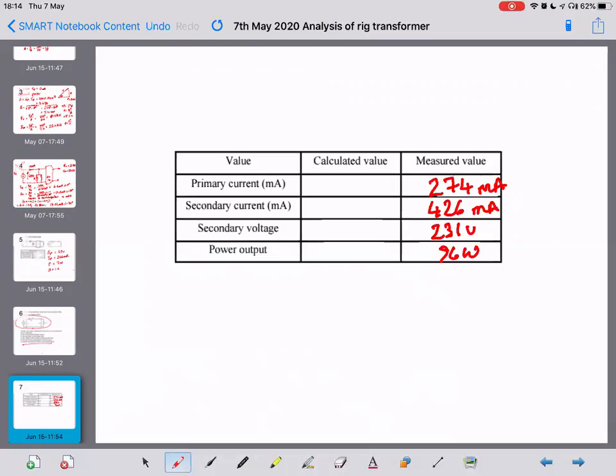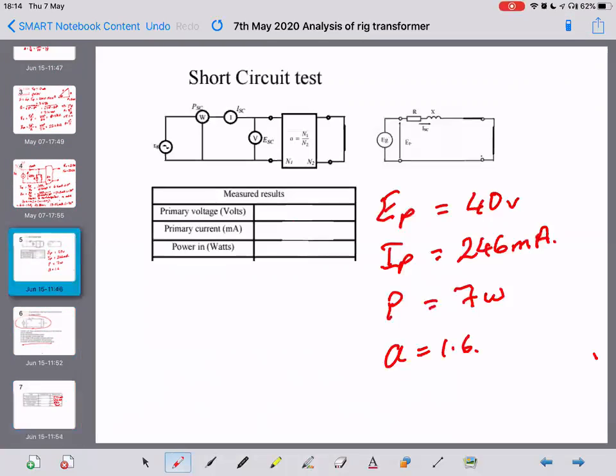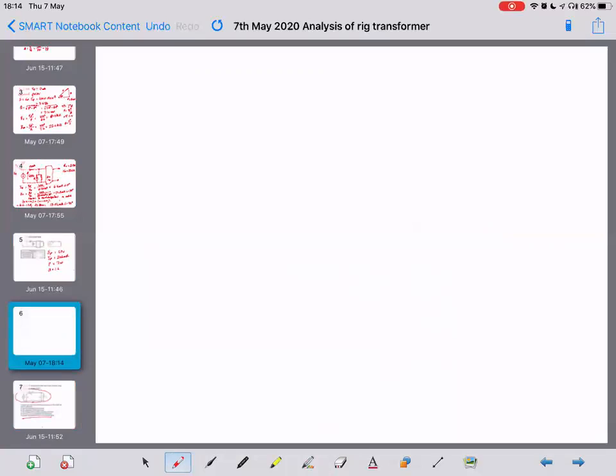Right. So from the information from the short circuit test and the value of A, how can we find these values? So we know, just draw the diagram, we're applying 400 volts to the transformer.